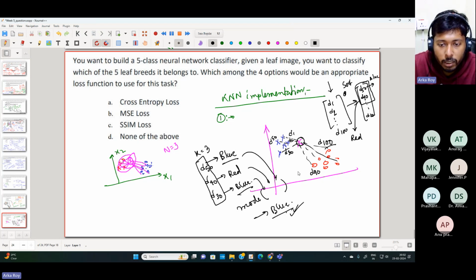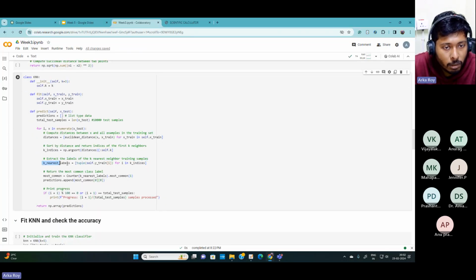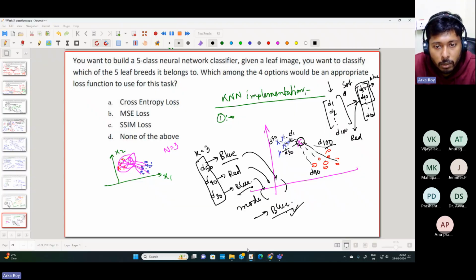So that is what we are doing in the code itself: you are extracting the labels for those sorted distance values, and then you are trying to extract which of the labels is coming as most common. So over here, blue is coming as most common.